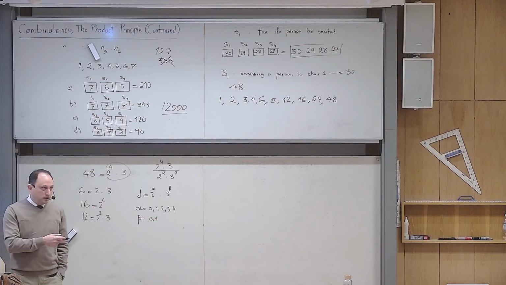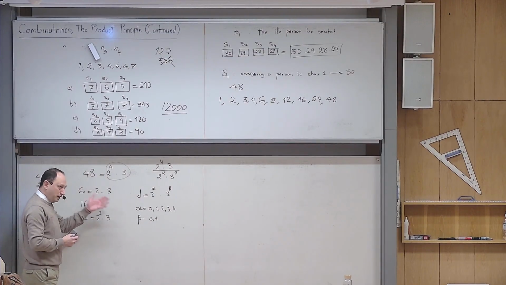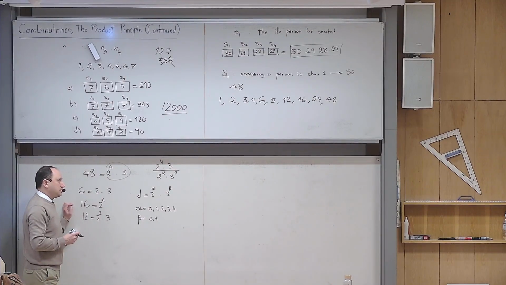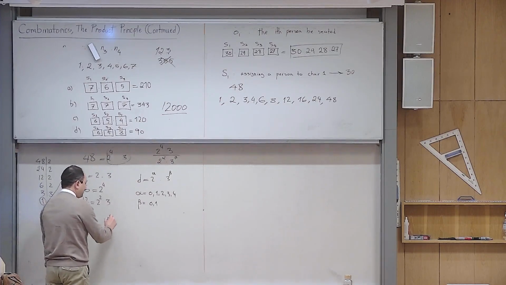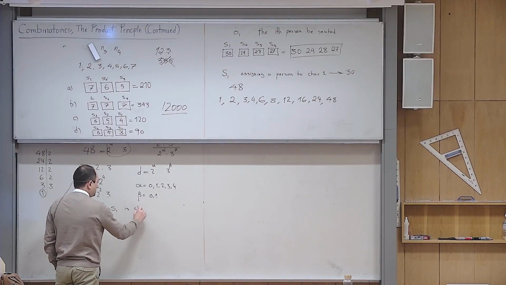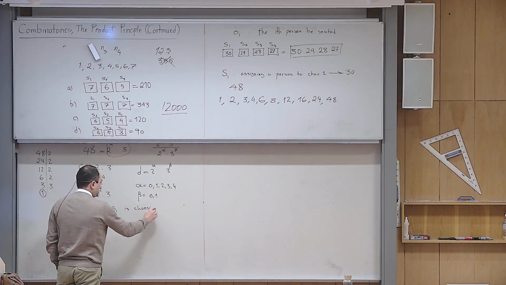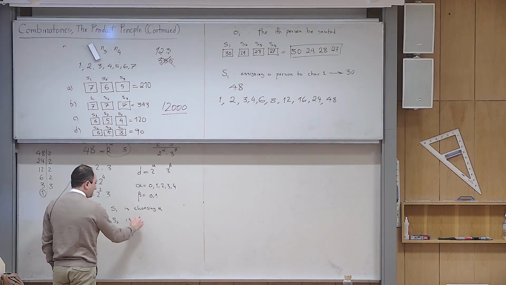So now you realize that writing a divisor in this way can be seen as a two-stage task. What is stage one? Stage one is choosing alpha. Stage two is choosing beta.